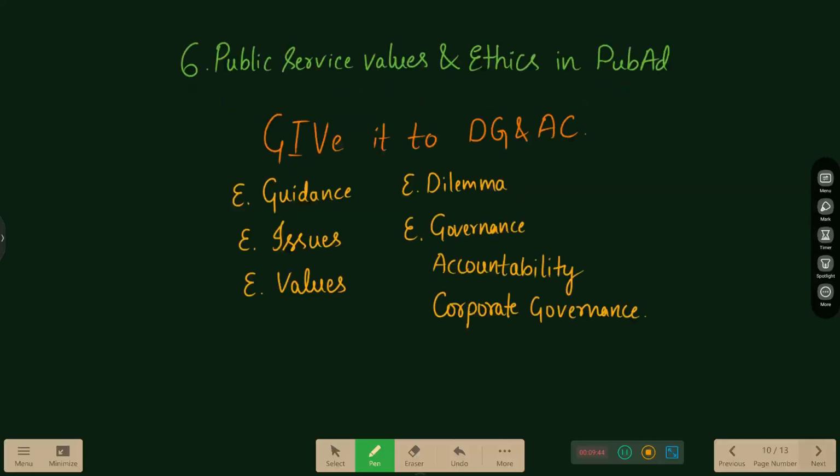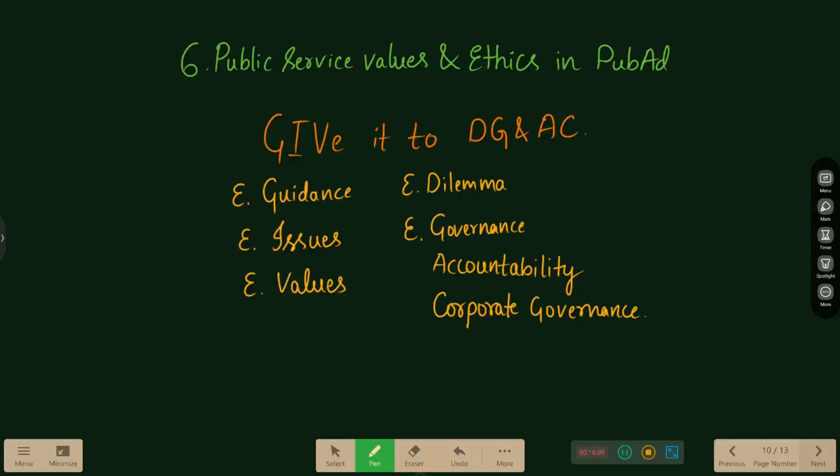C is corporate governance. So here, guidance means ethical guidance: ethical issues, ethical values, ethical dilemma, ethical governance, accountability, corporate governance. Other than this you also have a few other things, status and problem. Those are there in this chapter, but these are the words which you need to remember.